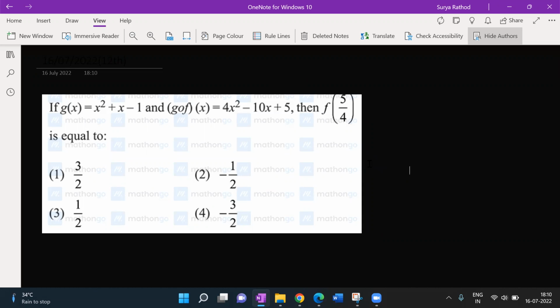So solve this question, everyone. It's a simple question only. g of x is given to you, g of f of x is given to you. This is a composite function. Then f of 5 by 4 is what?